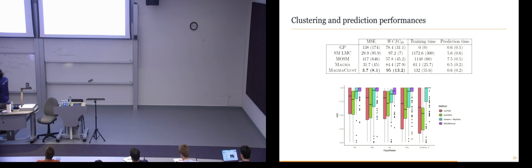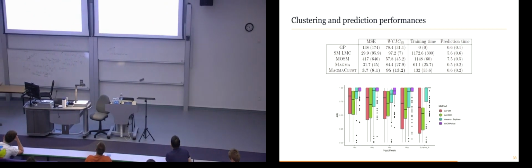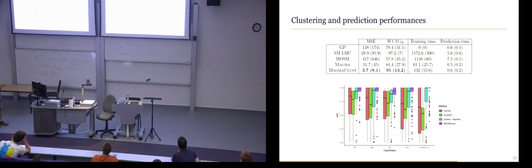We compared with the things I presented before: the linear model of coregionalization, which is an old method but always interesting, and multi-output spectral mixture, something quite recent. And you can see that, as expected, because of the cubic term in the number of tasks, you get something really crazy.